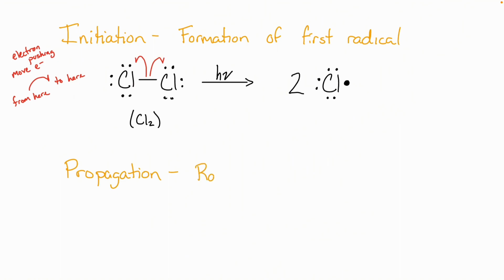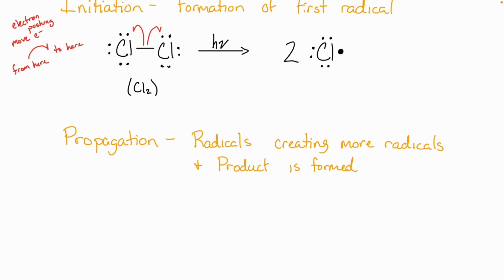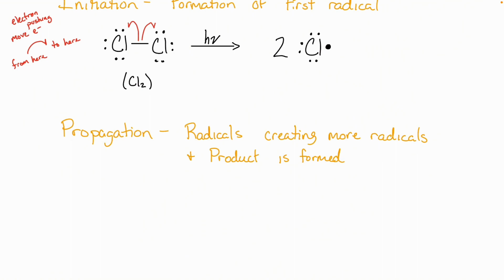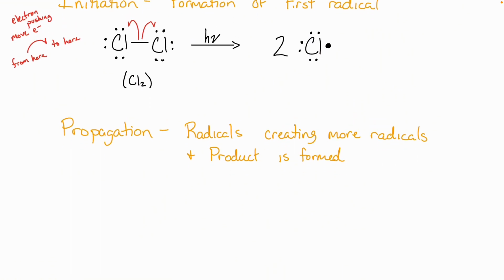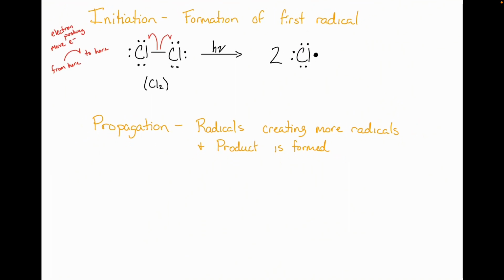And in the propagation step, we'll see radicals creating more radicals. And our product is formed in this step as well. Okay, so in the first step, we have our radical.